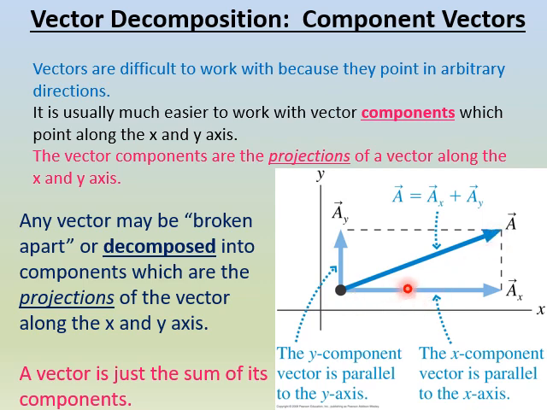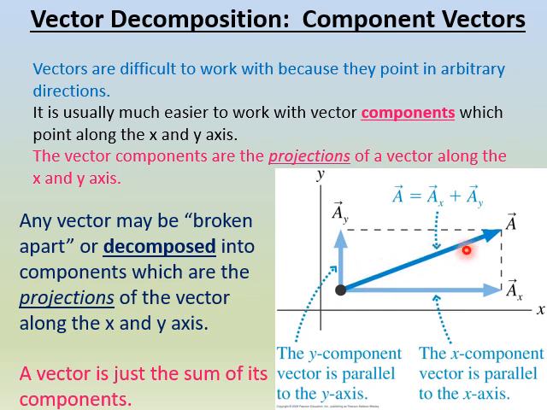It gives us the horizontal length of the vector A. Another way to envision components is when we say a projection of a vector onto an axis, you could think about shining a light down from above onto this vector and think about what its shadow would be. Well, this would be its shadow right here, A sub x. This is the x component vector of A.